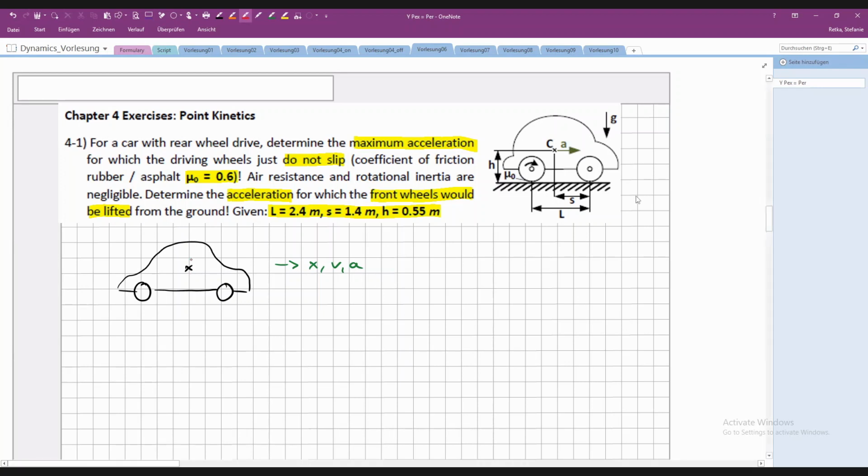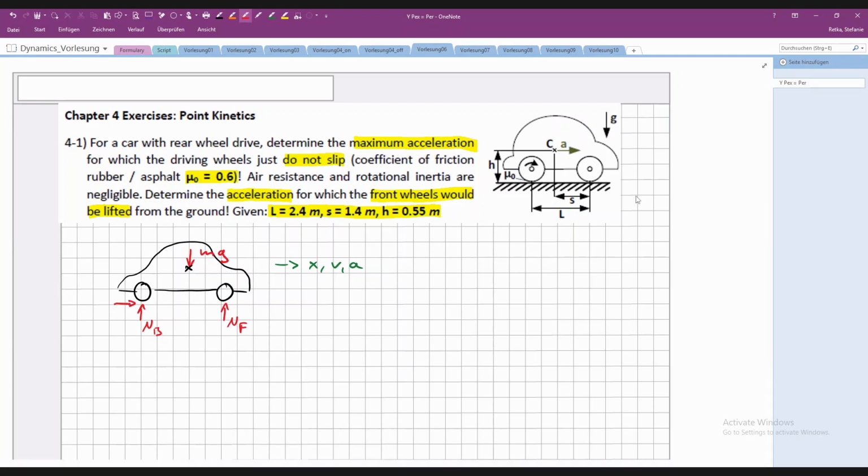So what do we have? We have force of gravity in the center of gravity, of course. Then we have a normal force on back and front wheel.